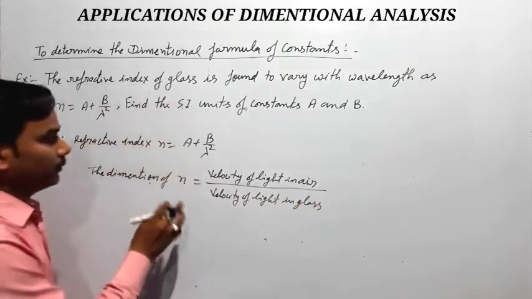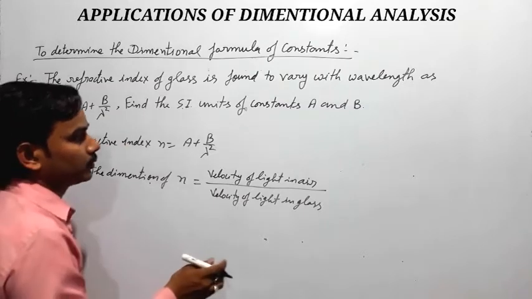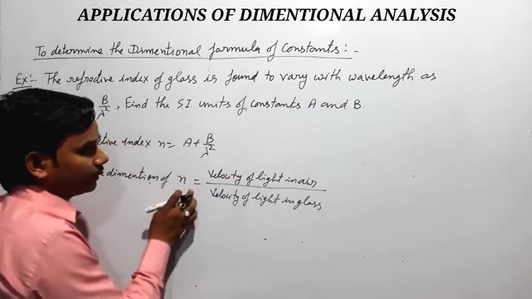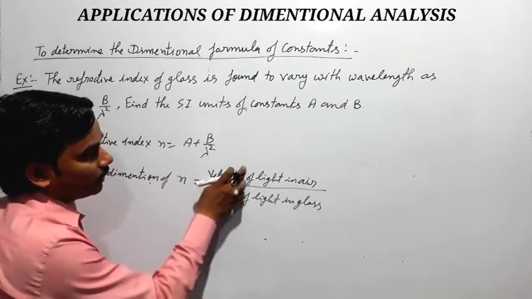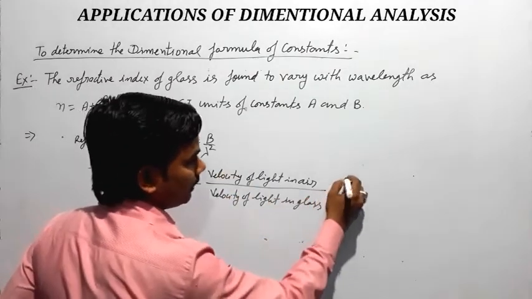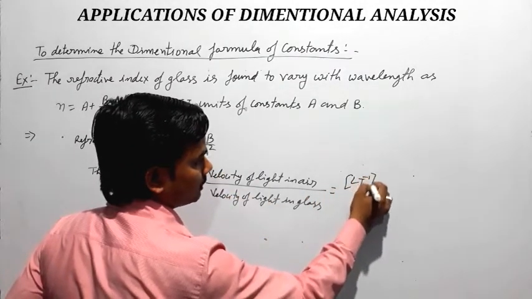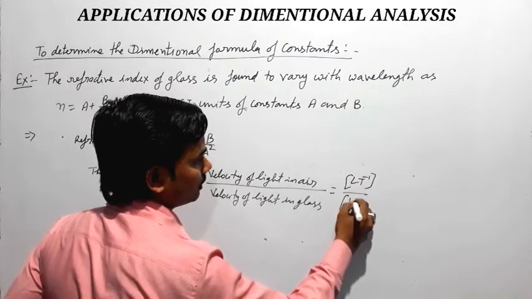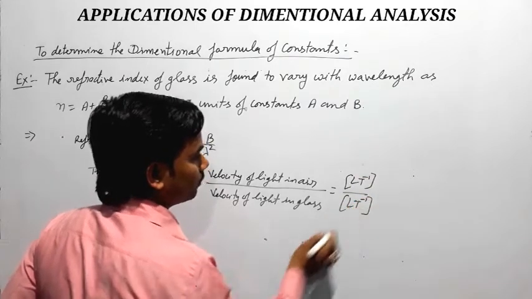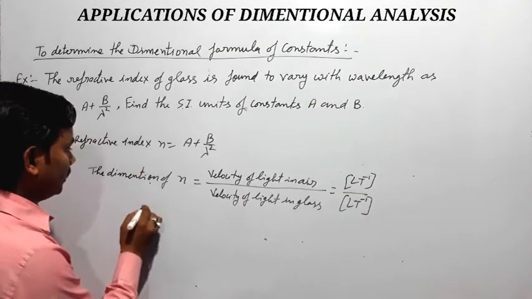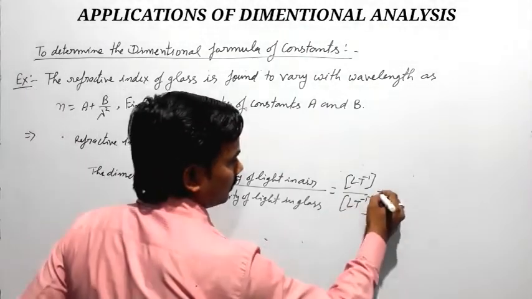This is the formula of refractive index of glass. So the refractive index is the ratio of velocities, and velocities have dimensions LT⁻¹ and LT⁻¹. So the dimension of n is 1.